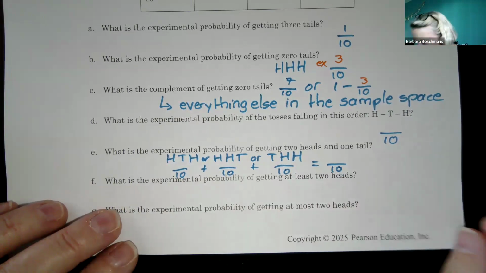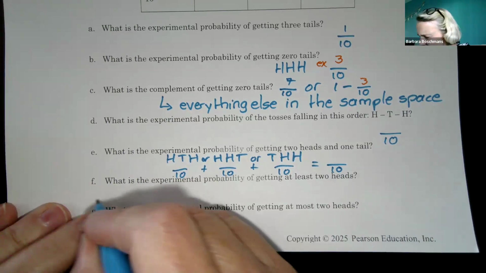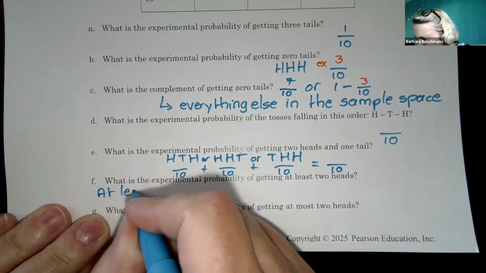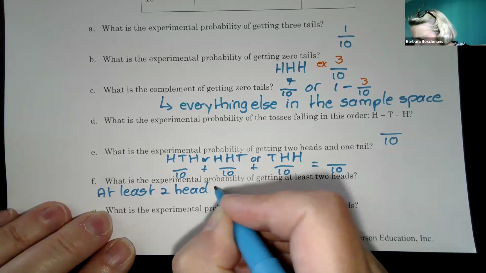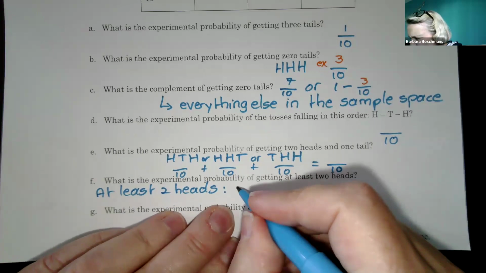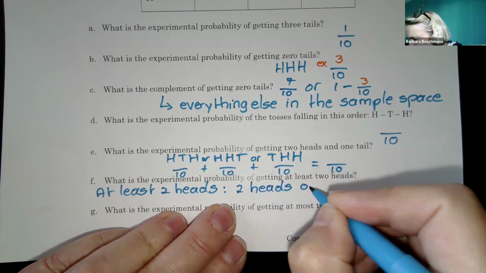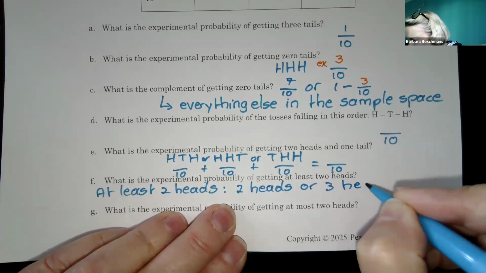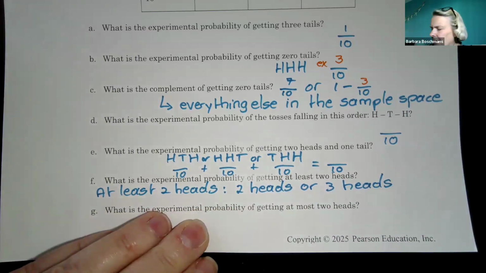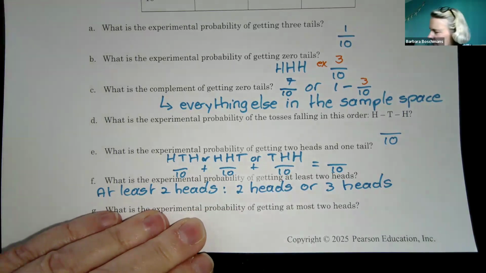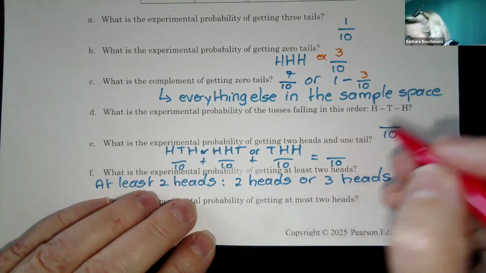What is the experimental probability of getting at least 2 heads? So at least 2 heads is going to be 2 heads or 3 heads. 2 heads is exactly what you figured out. It's a different color over here. This is 2 heads. It's understood that the third one is going to be tails.